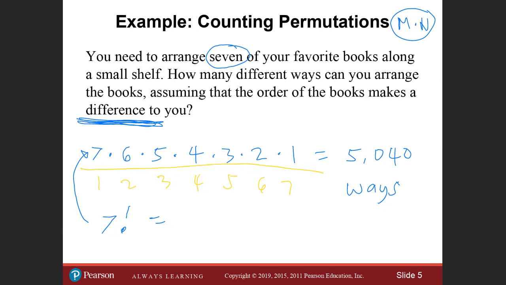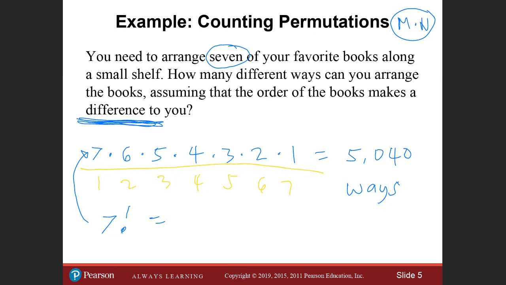When you use your calculator, if you're using TI-83 or TI-84, press 7 and then press the math button, and move the right arrow key to the last column, which is PRB. PRB means probability. Then go down to number 4 and press enter, and you have the 7 factorial there.